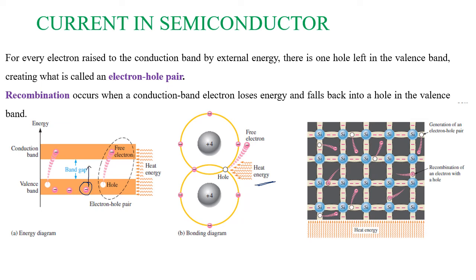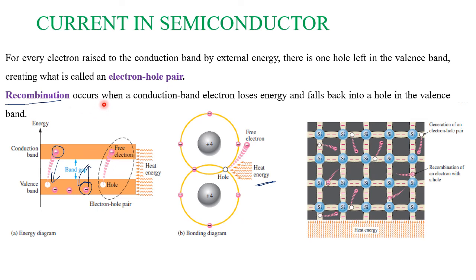It may not reach the conduction band, it may fall back down. Or the electrons in the conduction band lose energy and fall back to the valence band, and this is called recombination.